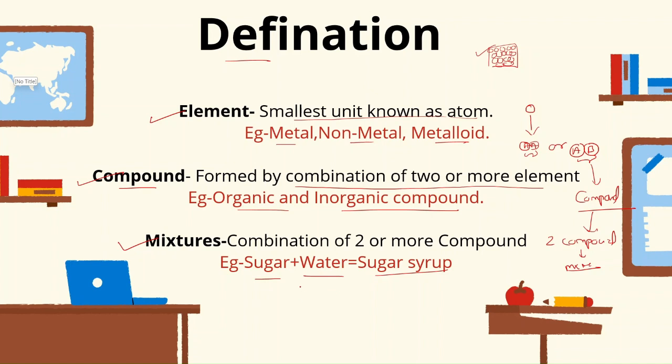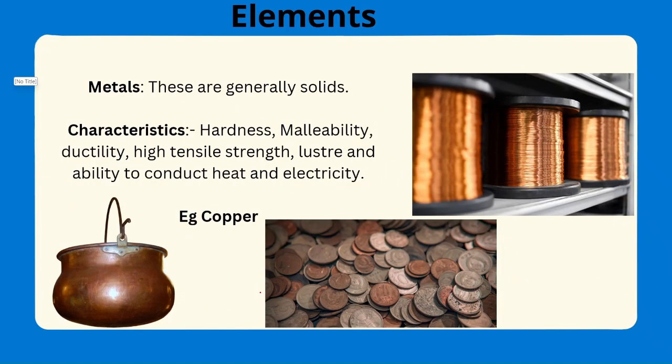So what we understood is that elements combine to form a compound, and two compounds of different forms combine to form a mixture. This is my mixture, this is my compound, and this is my element, the smallest unit.